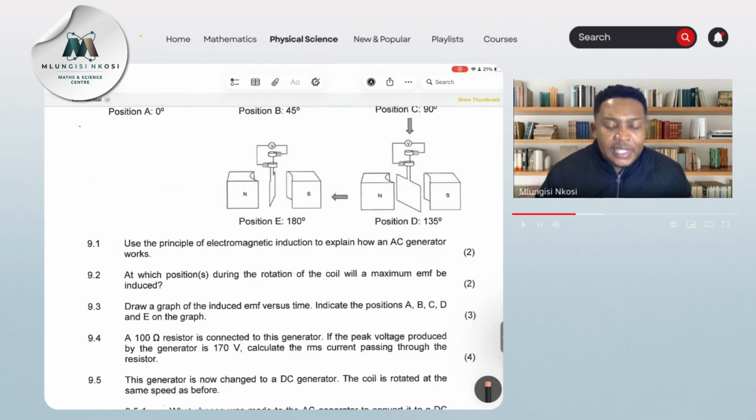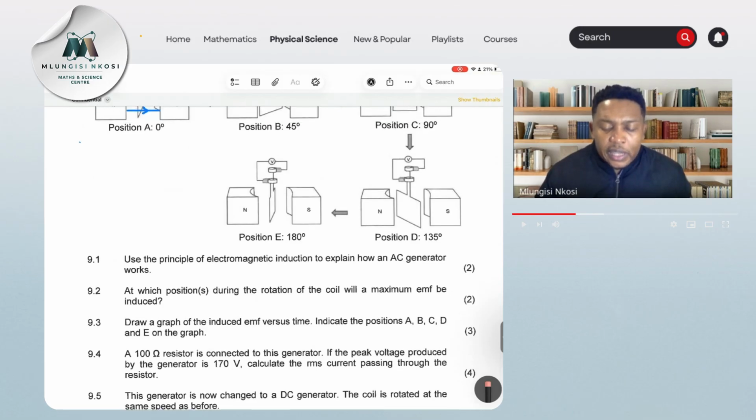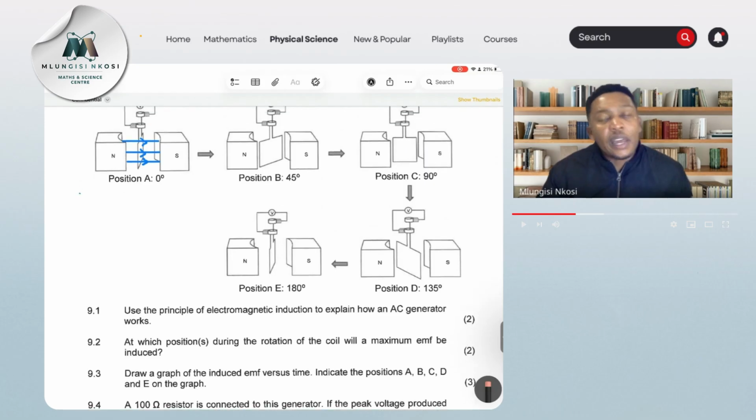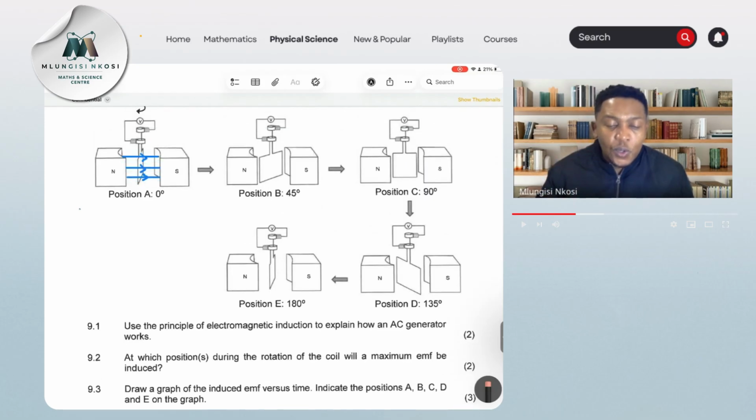At which positions during the rotation of the coil will the maximum EMF be induced? Remember what I said to you. Don't mind the angles that are given there to us, that's their own reference.